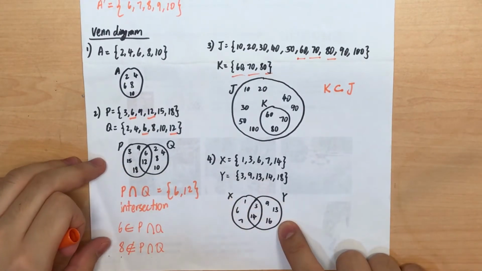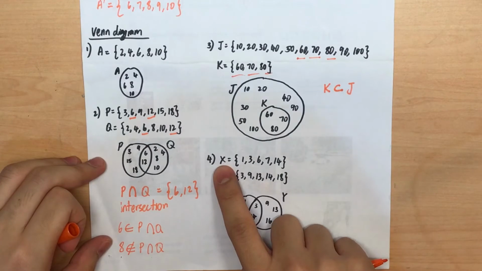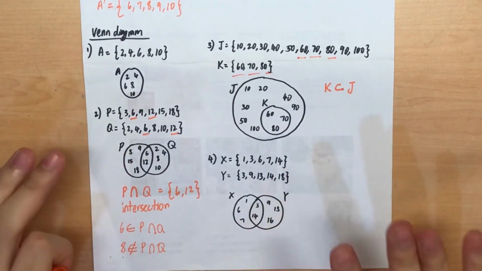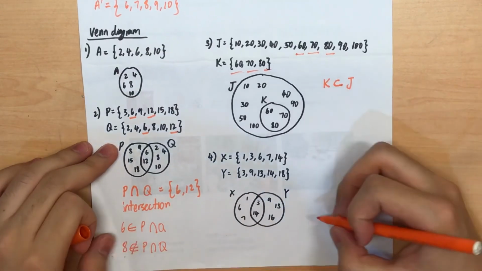For this one, set X contains this, set Y contains this. When we talk about the whole thing, we call it union.